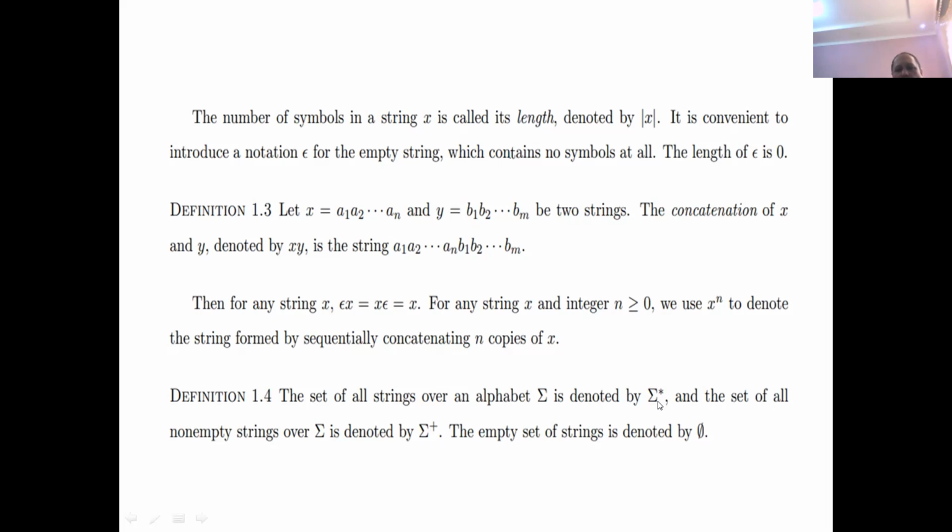We include the empty string in sigma star, but here we consider strings without any empty sign. The empty set of strings is denoted by this sign.